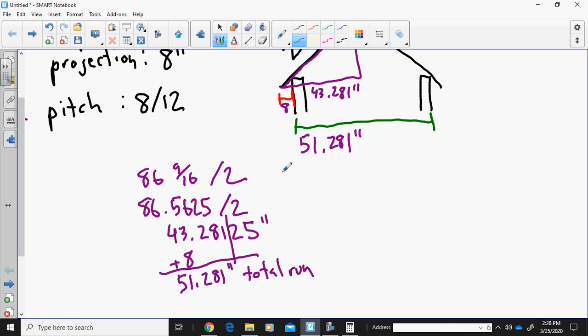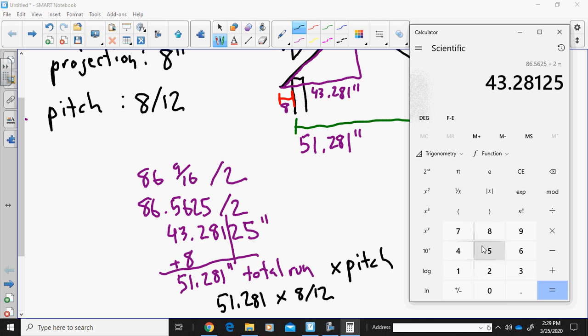To get our total rise, remember we're going to multiply by the pitch. Times the pitch. So we're going to do 51.281 times 8 divided by 12.